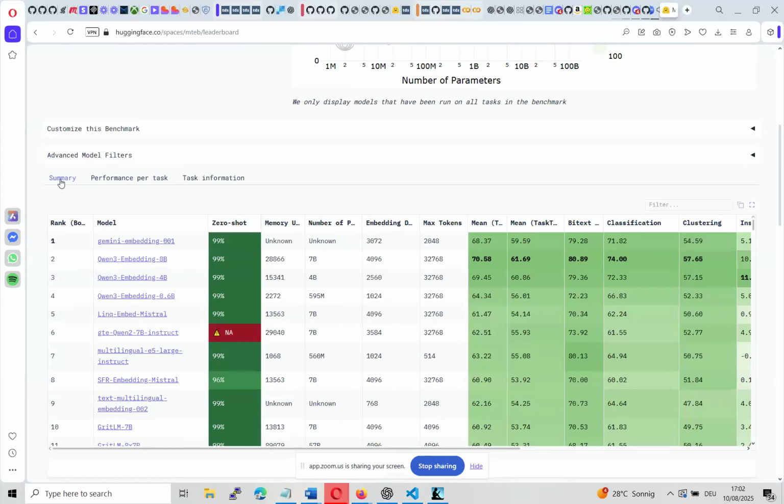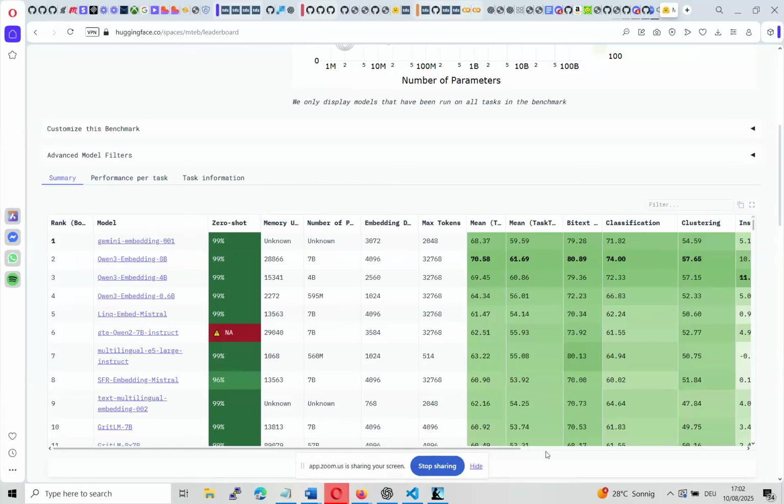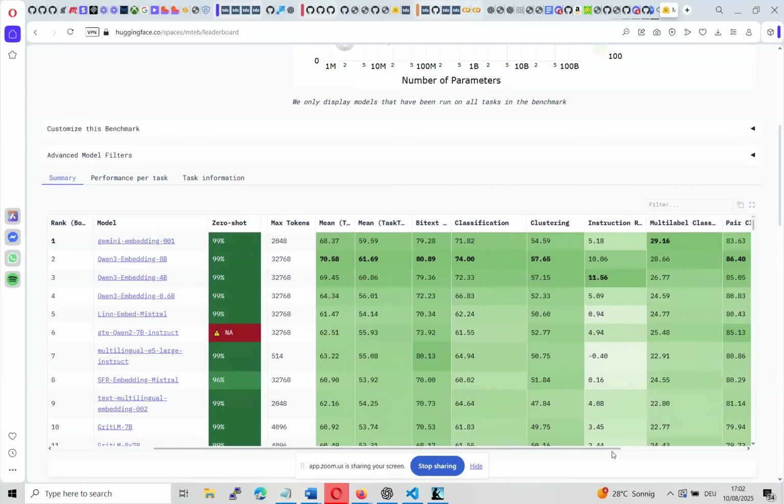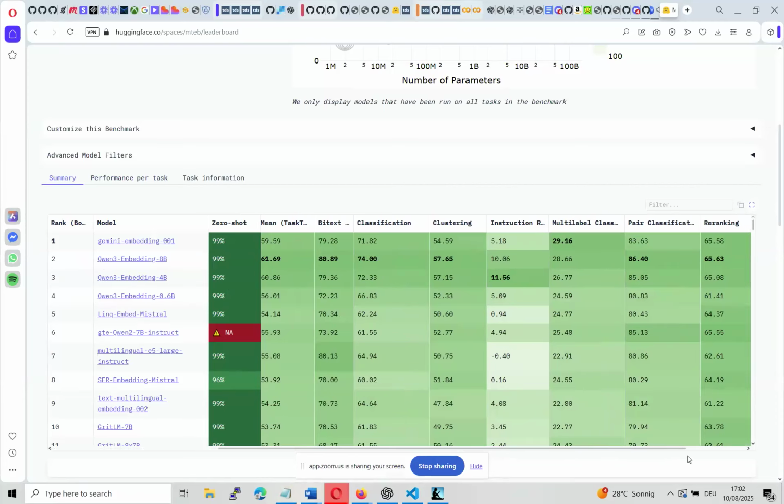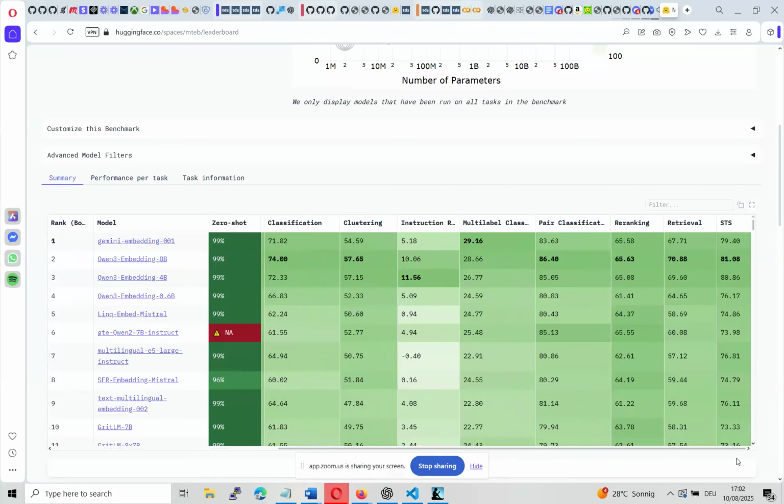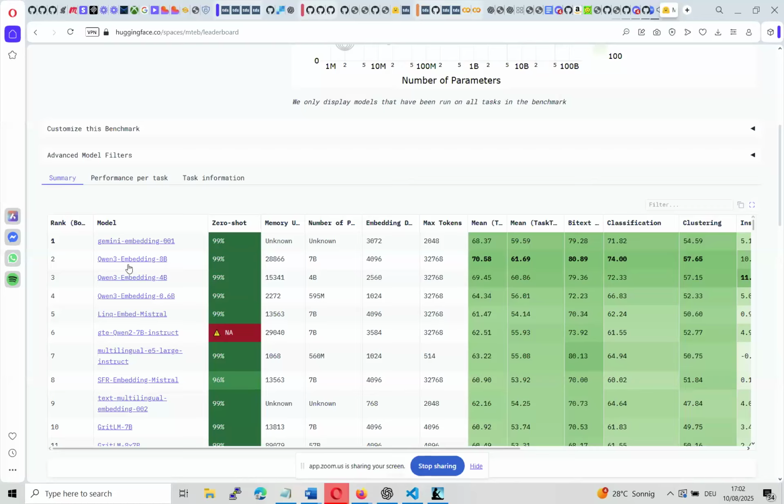This ranking shows which are the best in terms of how well they perform across various tasks like classification, clustering, instruction, multi-label classification, re-ranking, retrieval, and actually the number one is Qwen.